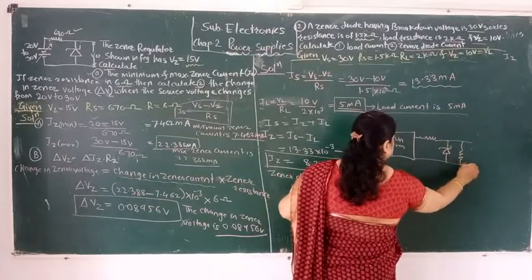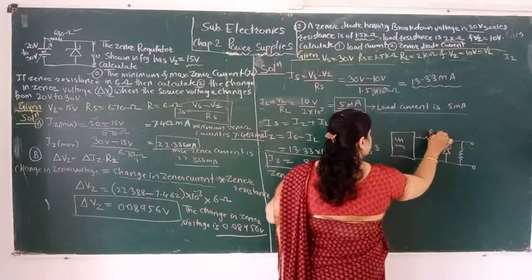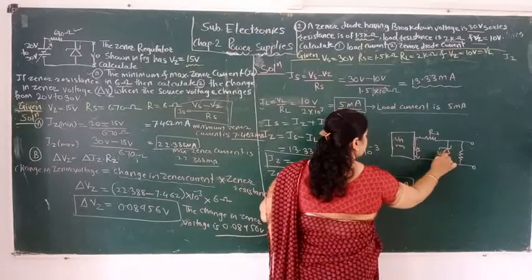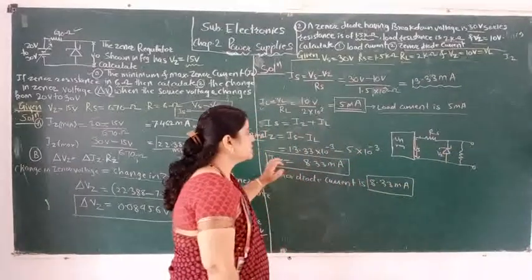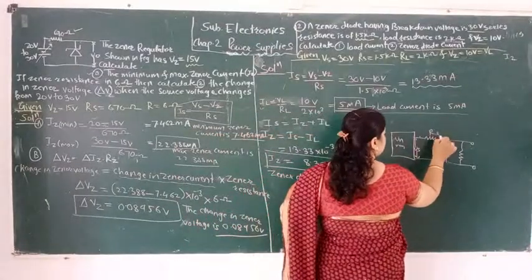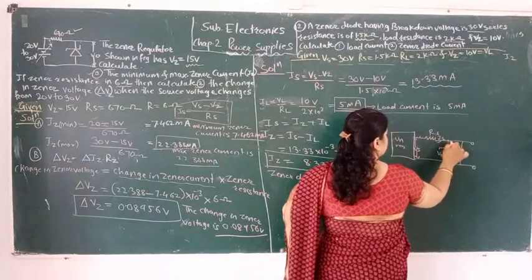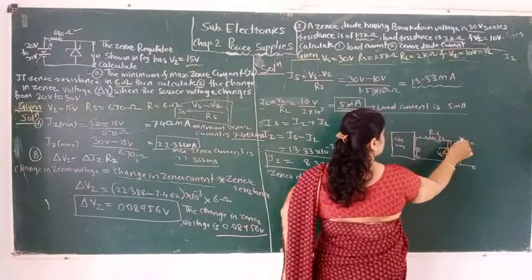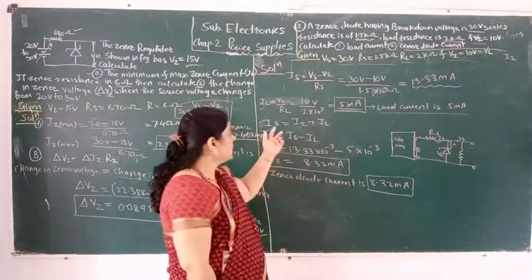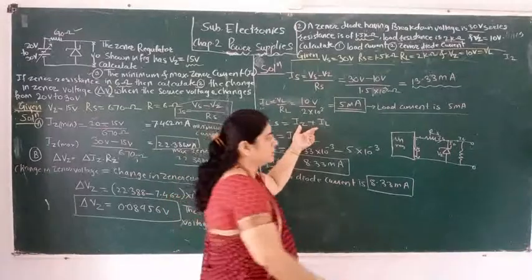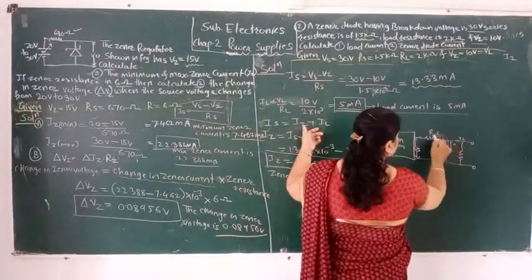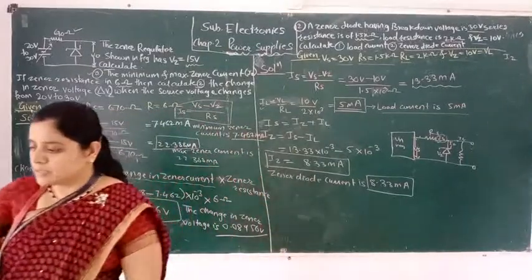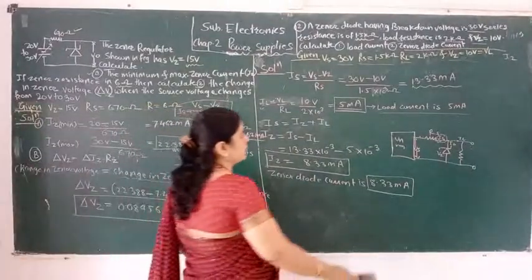This is Rs, we get the voltage source Vs here, and this is Vz. Through Rs the current Is flows, here is Iz, and therefore IL. So Is is equal to Iz plus IL, this plus this is the Is current. These are the examples that we have solved.